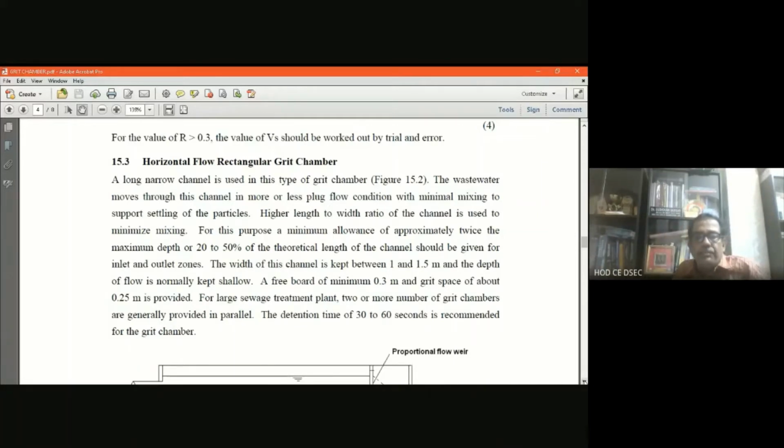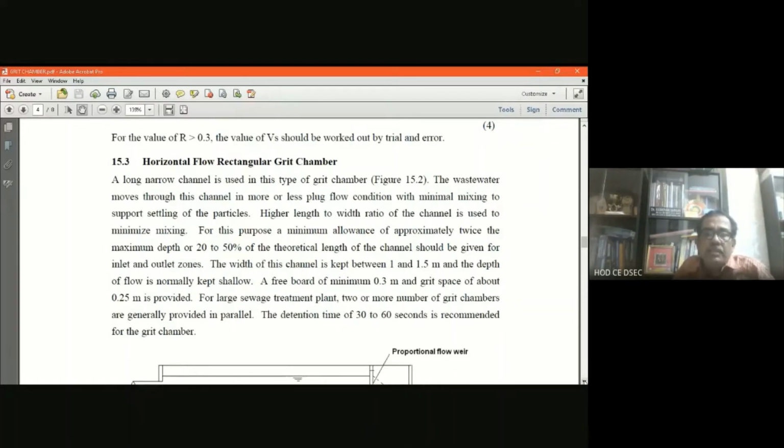That is the thumb rule. The width of the channel is kept between 1 to 1.5 meter, and the depth of flow is kept shallow. Apart from the depth, a freeboard of 0.3 meter, and a bottom grit space where the sludge settles, of 0.25 meter, is provided.